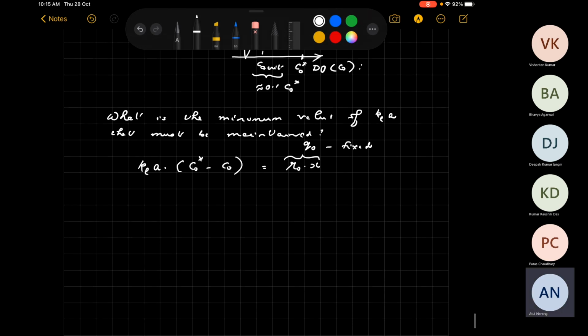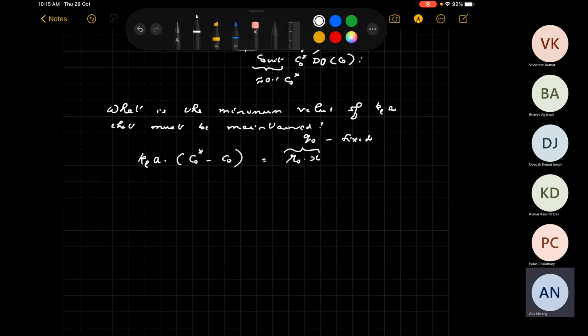Now, basically, what he's talking about is that you can call the right hand side the demand side. This is the demand for oxygen, and the left hand side the supply side. This is the rate at which oxygen is being supplied. The demand side is fixed in this question, and he's basically asking, if you want to maintain CO above 0.1 CO star, what is the minimum value of KLA you need?